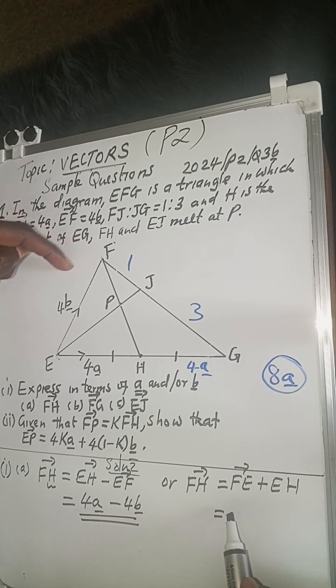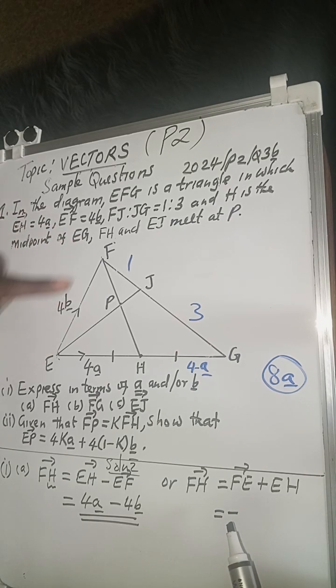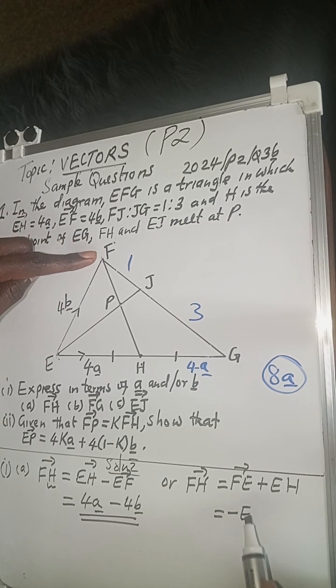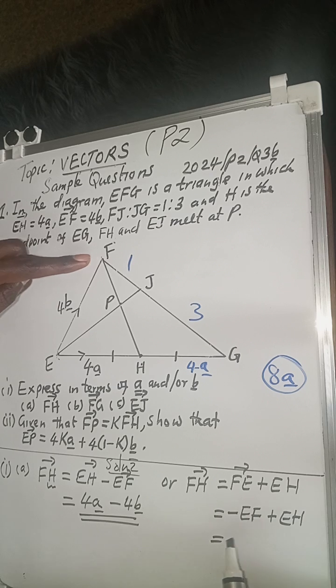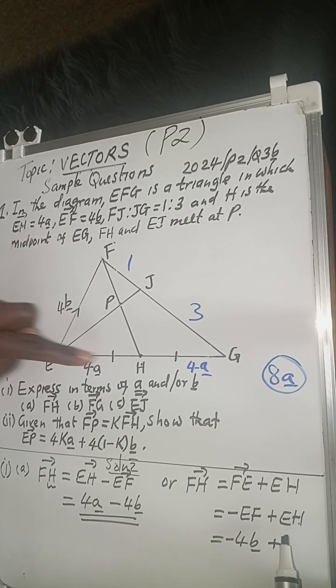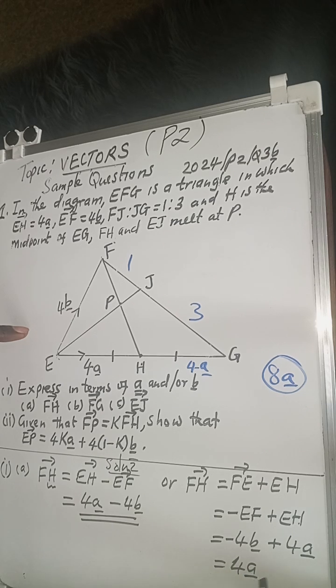So you put a negative and you maintain the actual direction, which is EF plus EH. So that is negative 4 vector B plus 4 vector A. Remember, if you have a positive and a negative, bring the positive in front. So it is 4 vector A minus 4 vector B if you're comfortable.